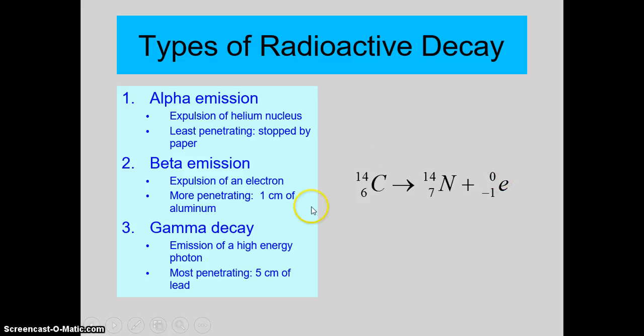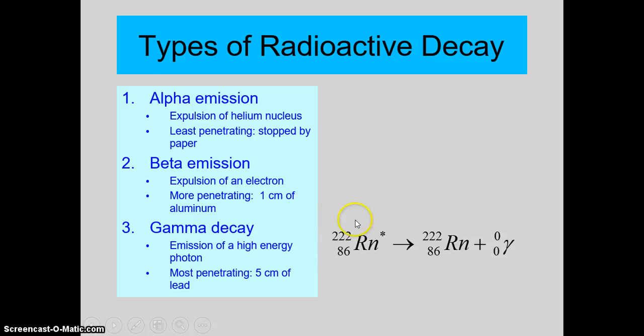And then for gamma, it's really simple, and nothing actually changes as far as the mass number doesn't change and the atomic number doesn't change. It just basically is that this would be radon in an excited state.